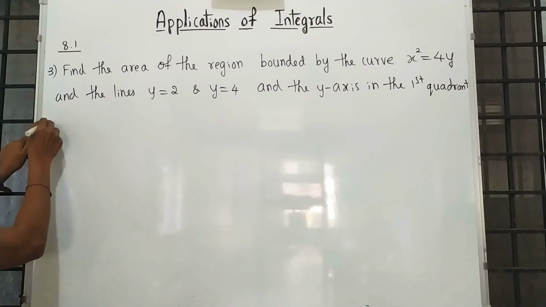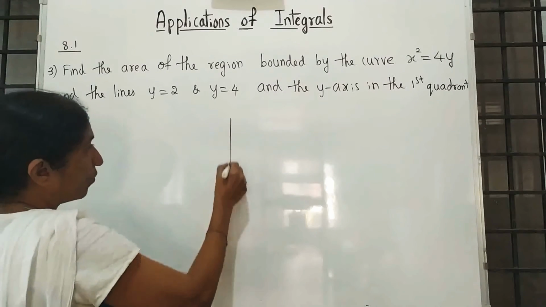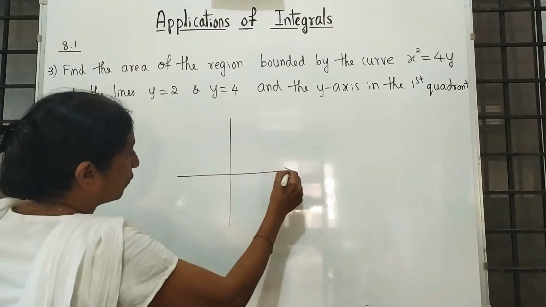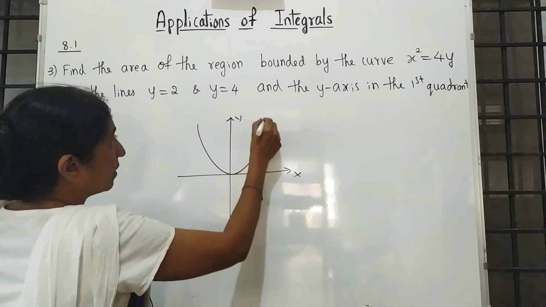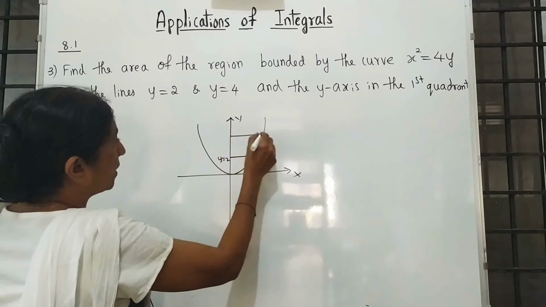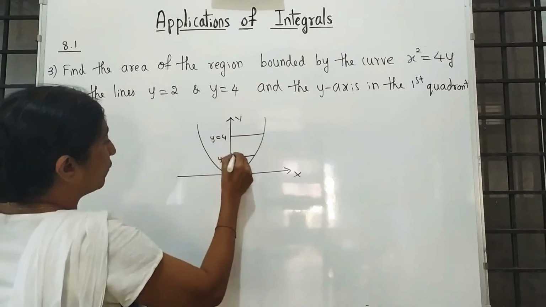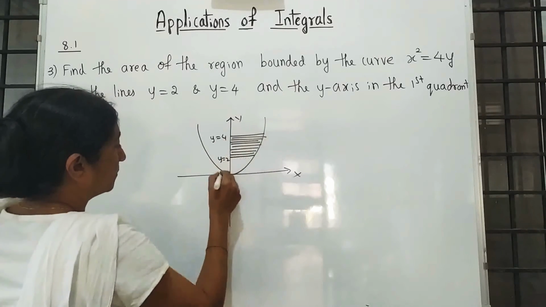So here first we have to draw the rough figure. x square is equal to 4y, it opens upwards, and the lines are y is equal to 2 and y is equal to 4. Only in the first quadrant we have to mark the required area.